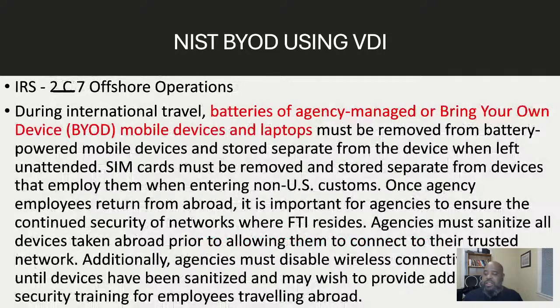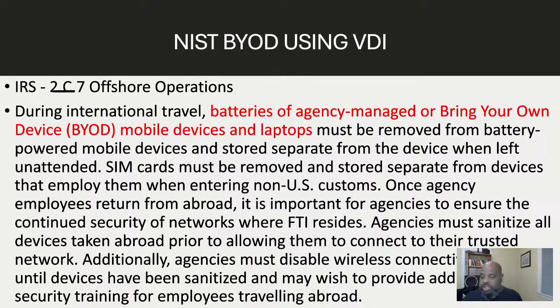Offshore, doing international travel, batteries of agency-managed or bring-your-own devices must be removed from the battery-powered mobile device and stored separately from the device when left unattended. The SIM cards must be removed and stored separately from the device, then employed when using non-U.S. customs.